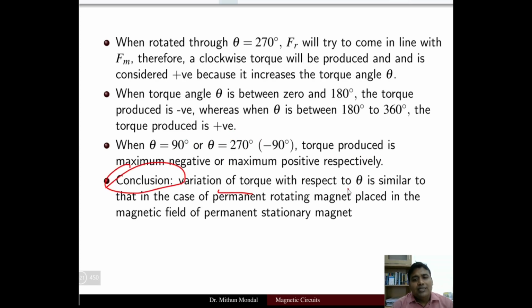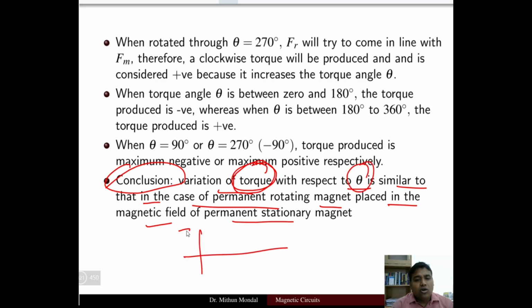The variation of torque with respect to theta is similar to that in the case of a permanent rotating magnet placed in the magnetic field of a permanent stationary magnet. So you have torque on the y-axis and theta on the x-axis.